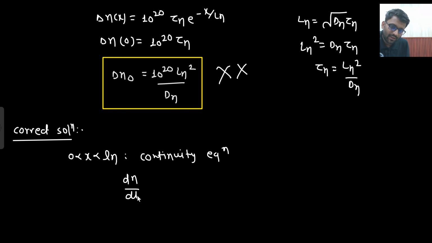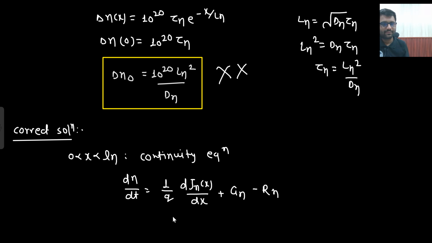So dn by dt would be equal to 1 by q djnx by dx plus generation rate minus recombination rate. Here the generation rate is a function of x, so I will write down generation rate minus recombination rate. And since you are working at steady state, this is gone.